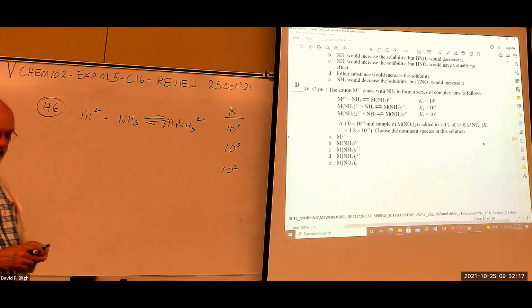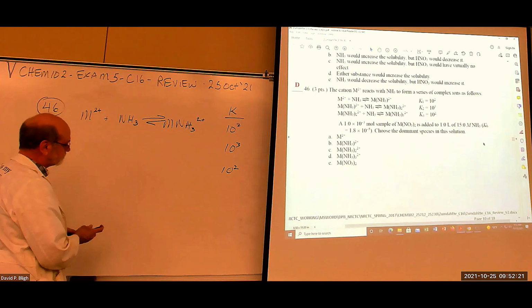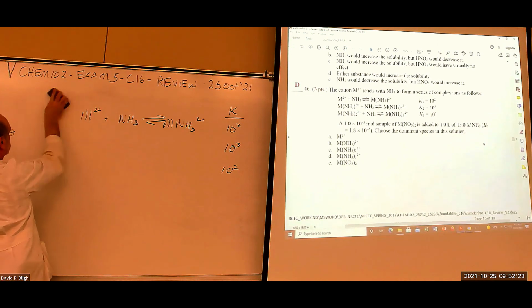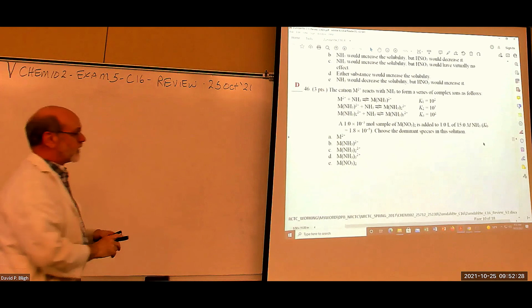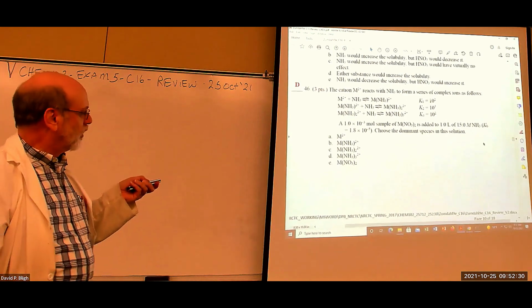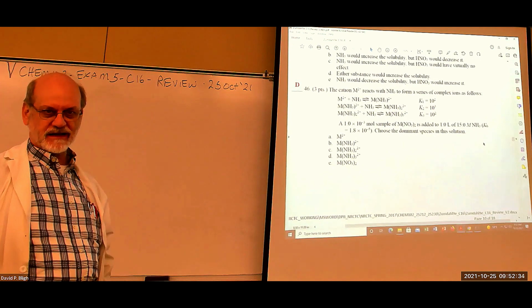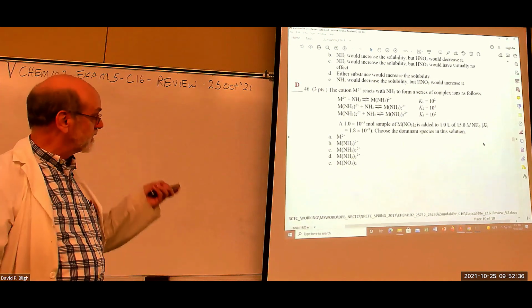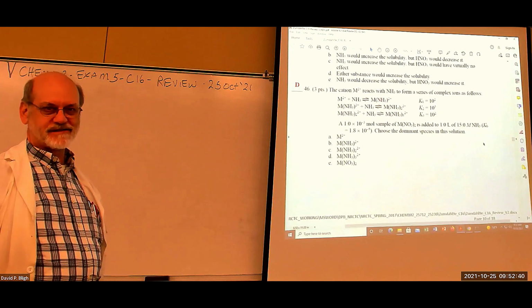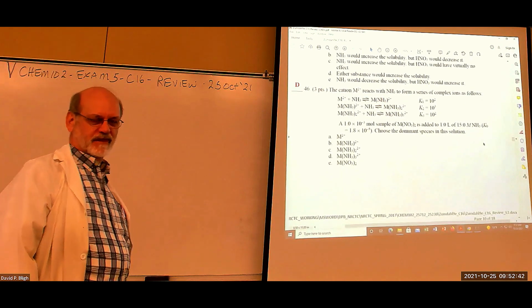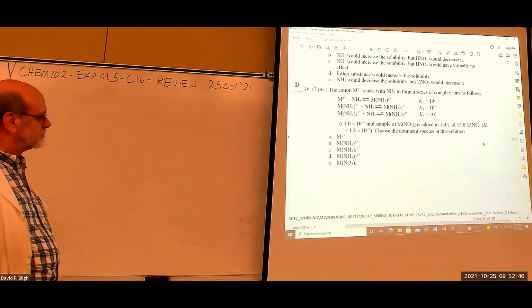So that's another way to look at it. Now, if one of these, say this one right here, was 10 to the minus 3, the dominant species would be that one. But that rarely happens when we're making complex ions.